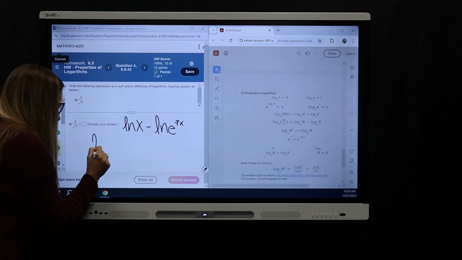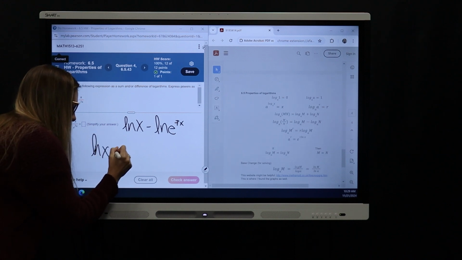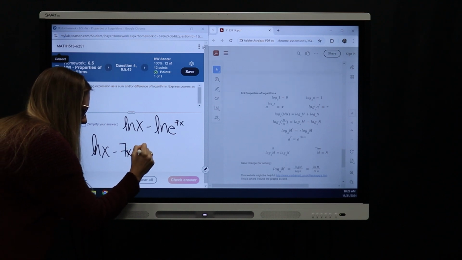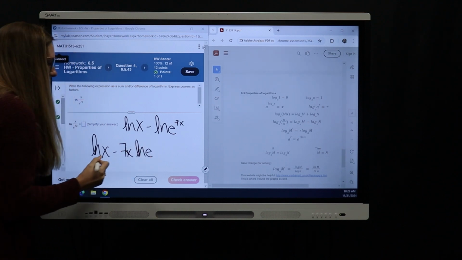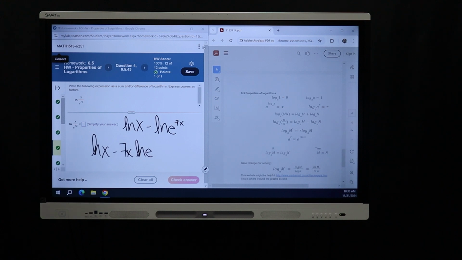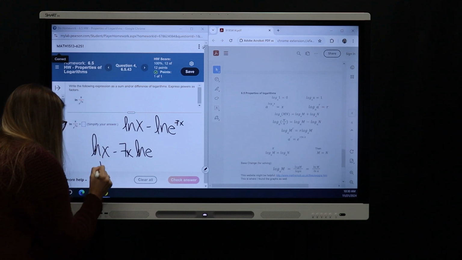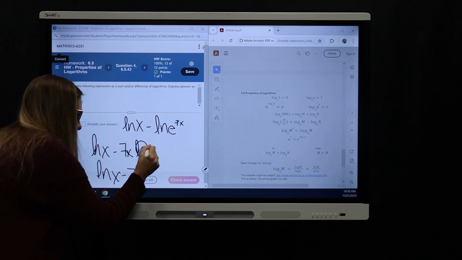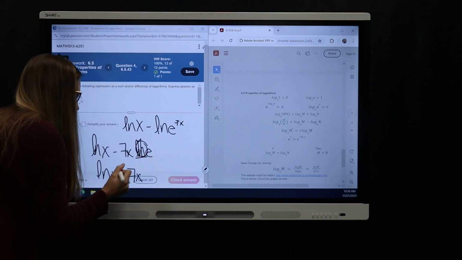This is still here, so I'm going to have natural log of x subtract 7x times the natural log of e. Then we know that the natural log of e, natural log of the natural number, is 1. So I'm going to have the natural log of x subtract 7x because this is 1.